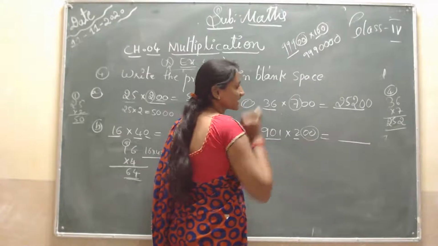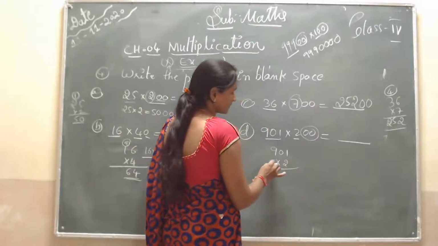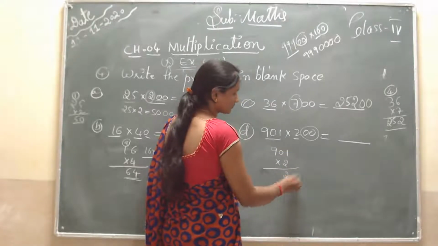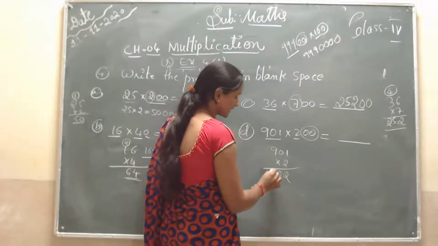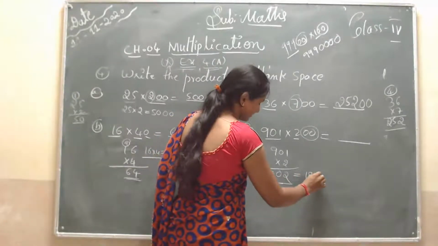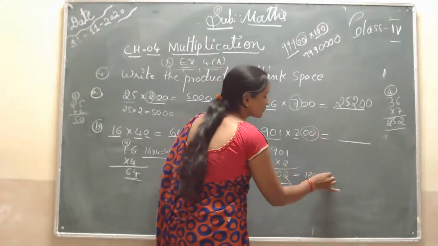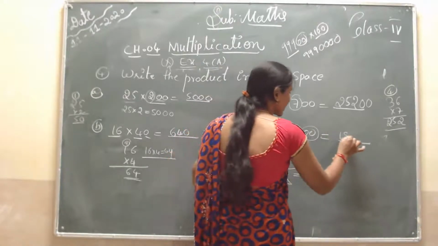So next, 901 into 200. Students, 2 ones are 2, 2 into 0 is 0, 2 nines are 18. So this is 1802. Students, how many zeros are left? 2 zeros, because you have to write them here.